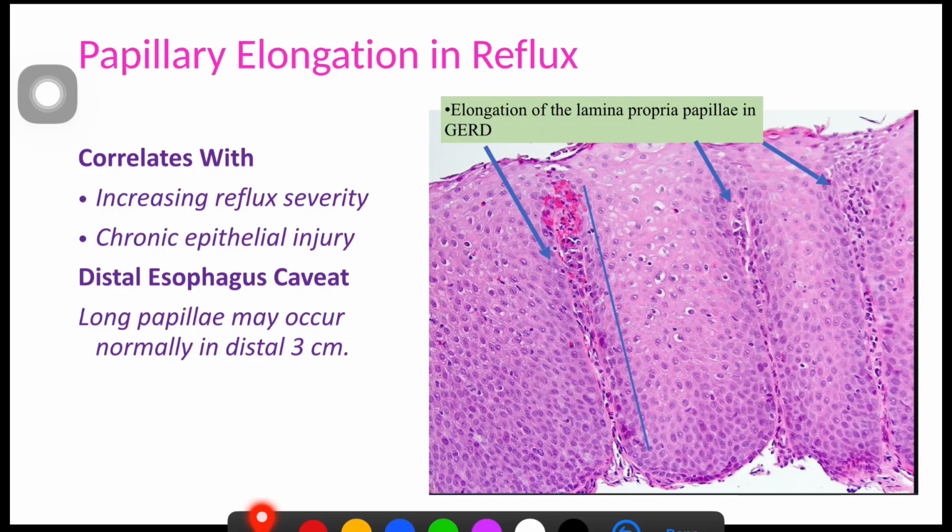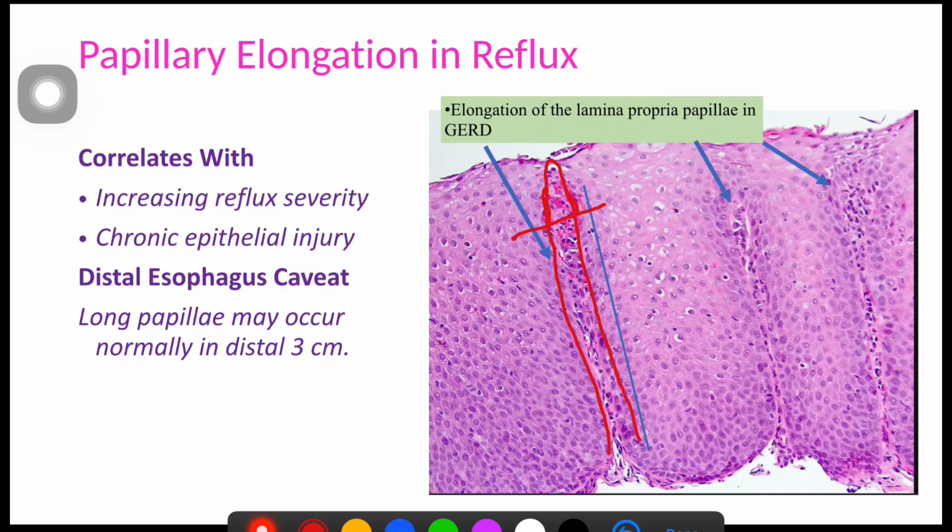Here you can identify this papilla is entering the upper one third portion, right? So, this correlates with increasing reflux severity and chronic epithelial injury, and these are the long papillae entering into the upper one third, right?